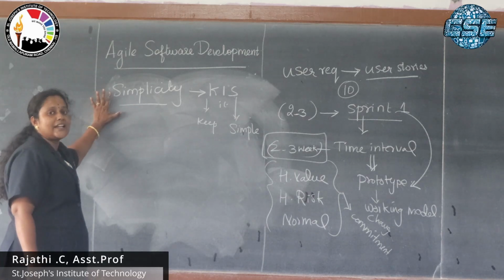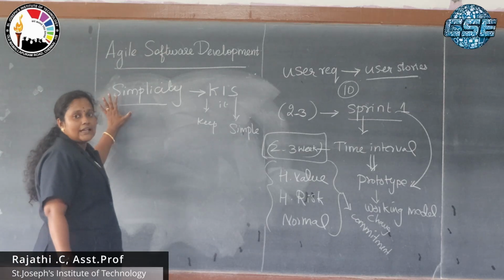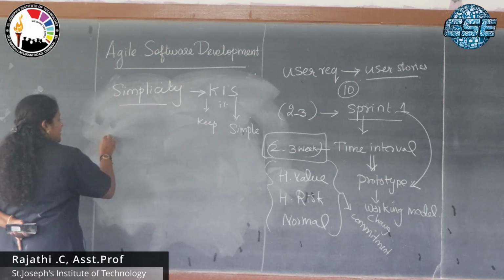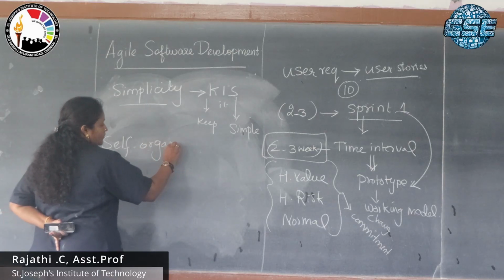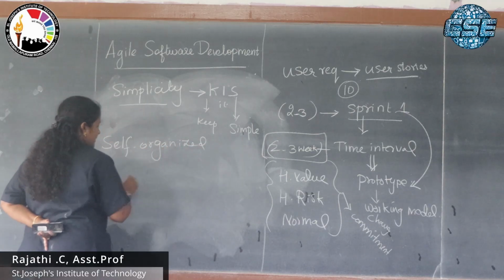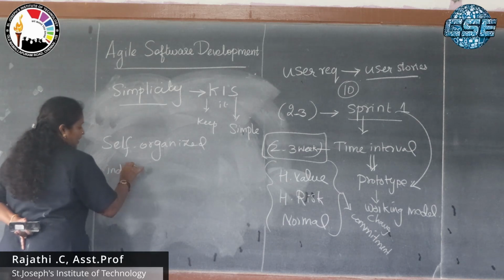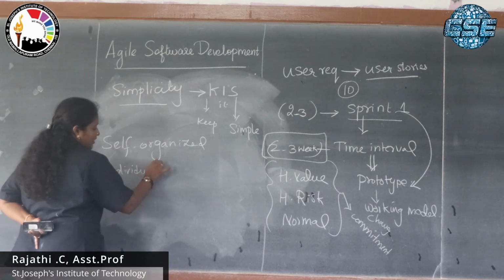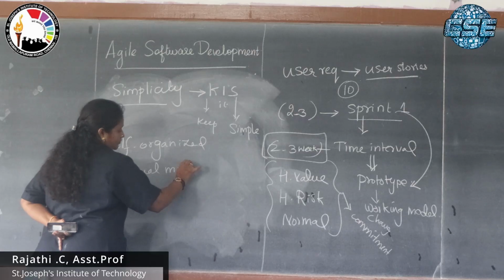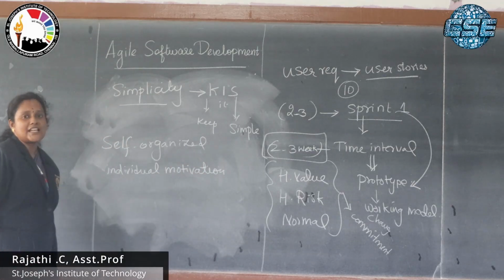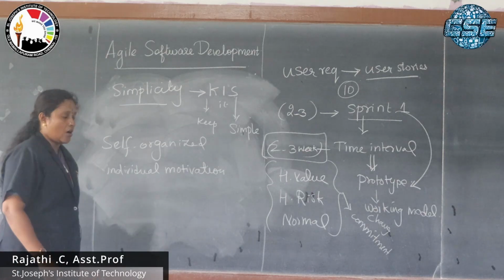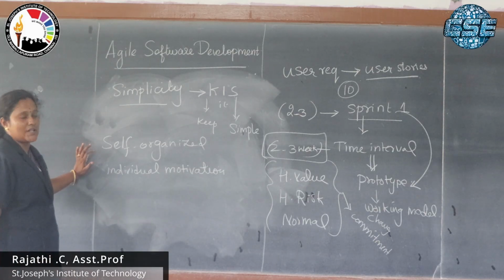Simplicity has to be maintained by the Agile software developer. Then self-organized groups and individual motivation are also included in the Agile manifesto, or we can call these Agile principles.